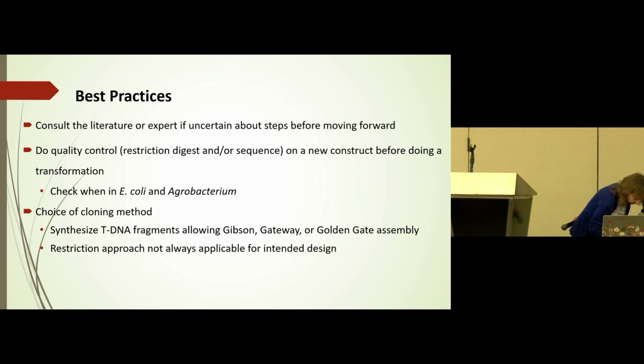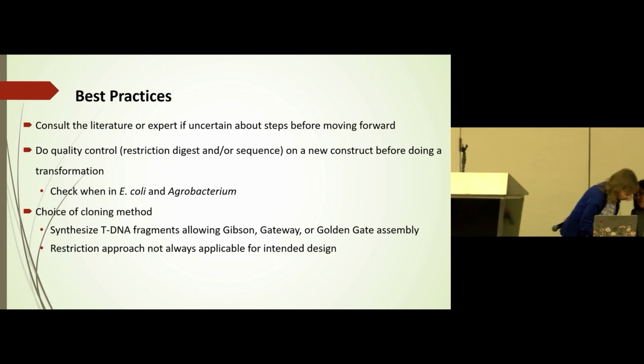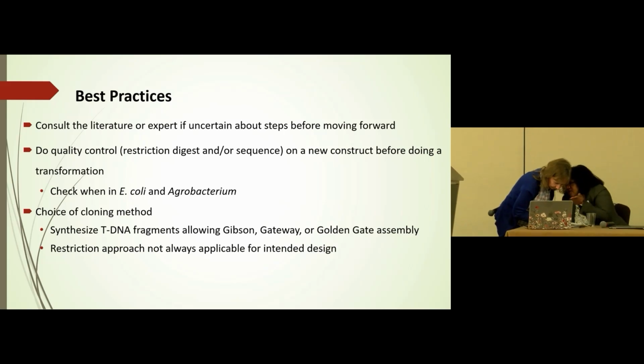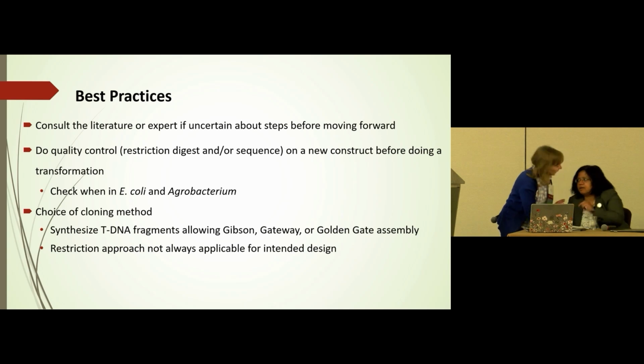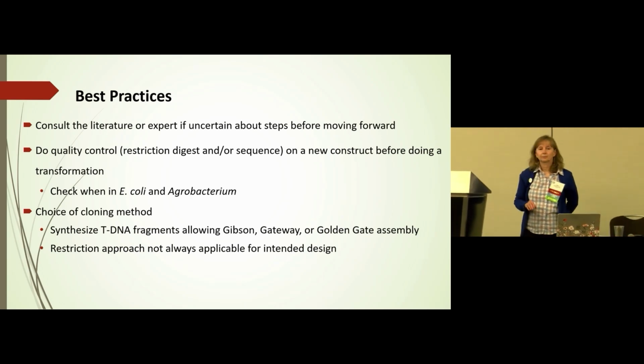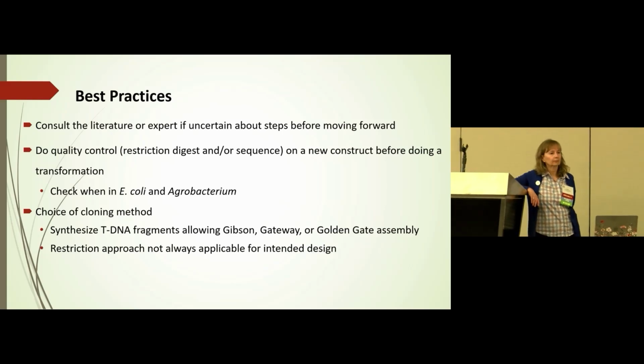So of course, do all of your design, but the synthetic fragments that you order are often not going to be stable in E. coli unless you have something where they're going to deliver you the E. coli to you. So that could be a reason to go that route versus a gene block.